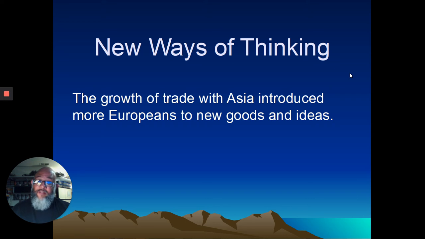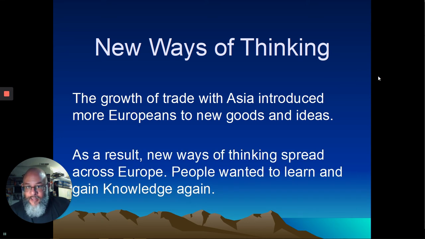The Crusades brought back ideas and things. People started to rediscover the Roman Empire, what it was, the Greek ideas, and so forth. As a result, new ways of thinking spread across Europe. People wanted to learn and gain knowledge. People didn't want to be ignorant and in the dark about what things were. They wanted to learn. And this brought about the Renaissance.